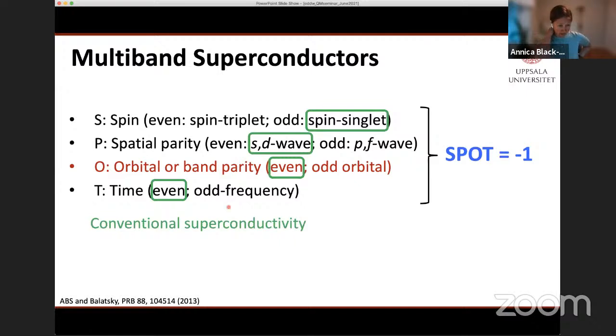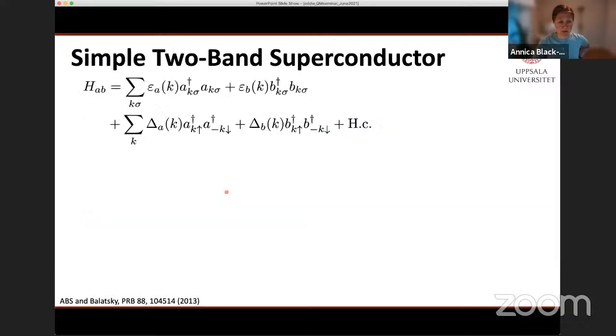And the conventional superconductor is, of course, a spin singlet s-wave, even in orbital, where it doesn't even have an orbital index, and even in frequency. But now, as I said before, you can have spin singlet s-wave, odd in orbital, and odd in frequency. So it becomes an odd equivalent of the conventional state. And of course, you can do many other combinations here, as long as SPOT is equal to -1. But I'm going to mainly focus on these yellow areas here, where we combine things with the simplest conventional superconductor, but we still get odd frequency correlations.